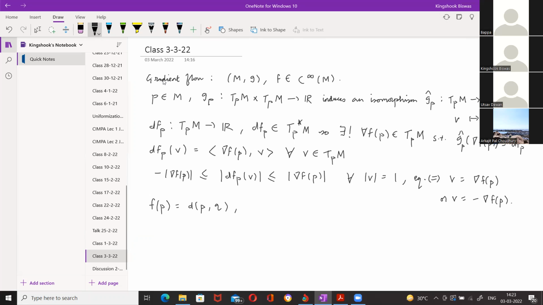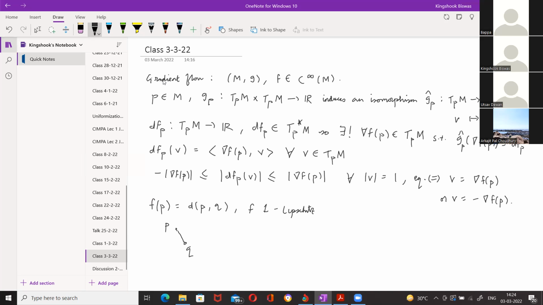Okay. So then for P close to Q, so this is Q and this is P. If I take a geodesic ball around Q, then I know that, first of all, F is 1-Lipschitz by the triangle inequality.